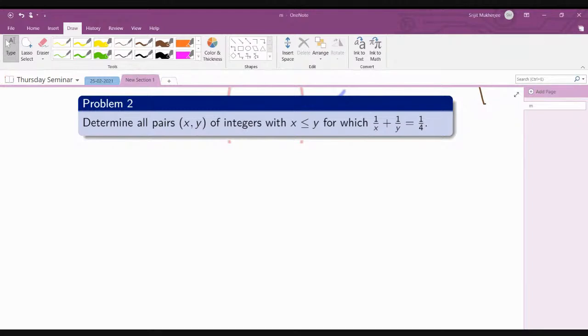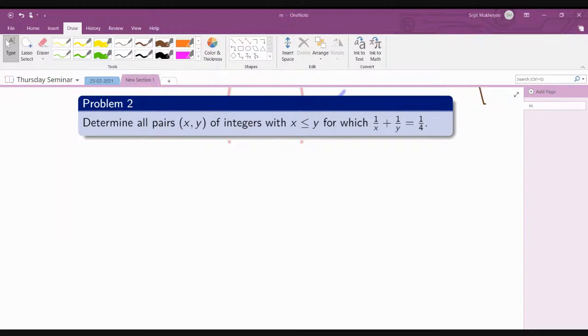So yeah, it's a very interesting problem. It's a very general problem too. So how do you approach this problem?